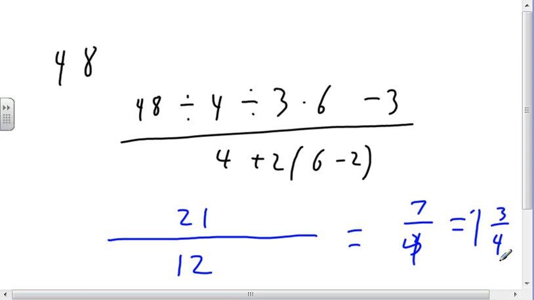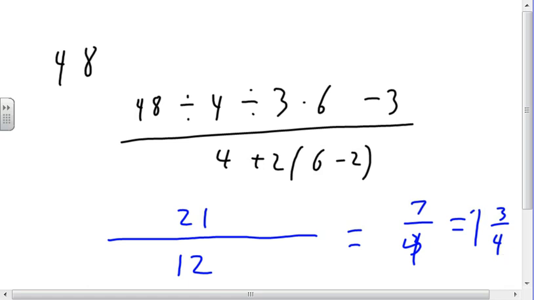48 divided by 4 divided by 3 times 6 minus 3. Boom. So on the top is 21. If I hit the divide button right now, it keeps my 21. I don't have to put it back in because it automatically puts the answer there from the top. Parentheses 4 plus 2, parentheses 6 minus 2, close parentheses, equals 1.75.